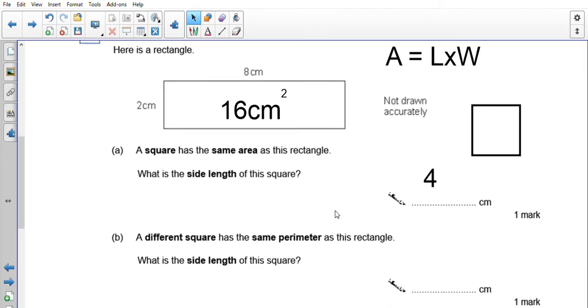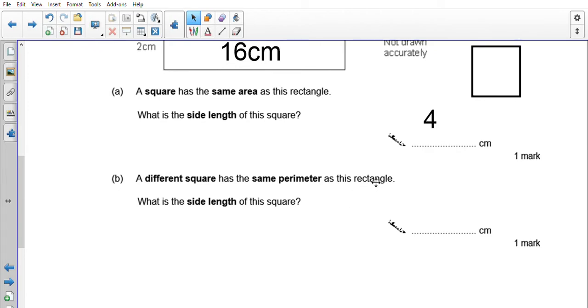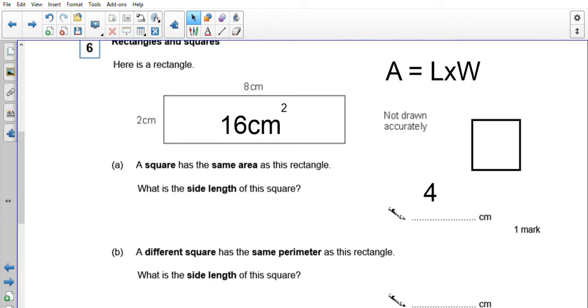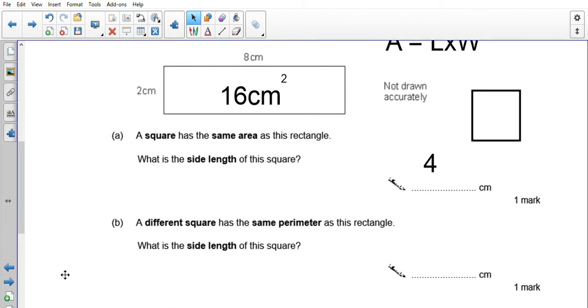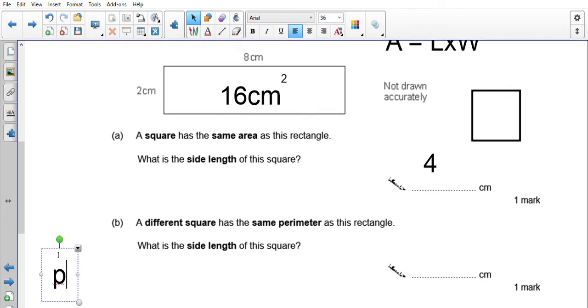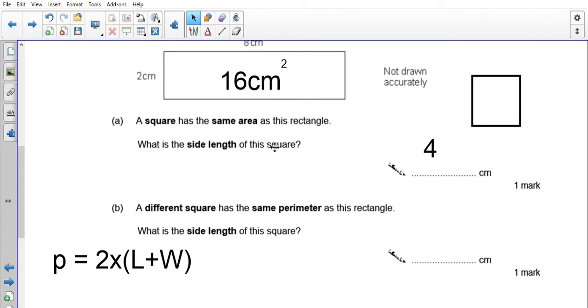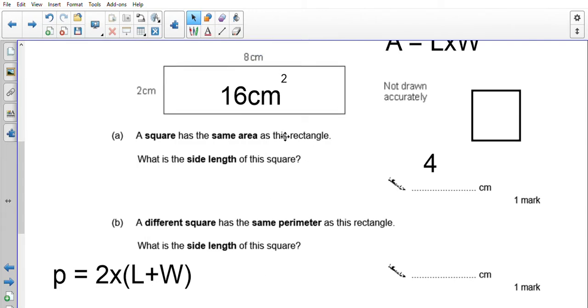Okay. A different square has the same perimeter as this rectangle. What is the side length of this square? Okay, so the perimeter, we should remember, perimeter equals 2 times length plus width. So 2 lots of the length plus the width. If I go up to my rectangle here, I've got 8 and 2.